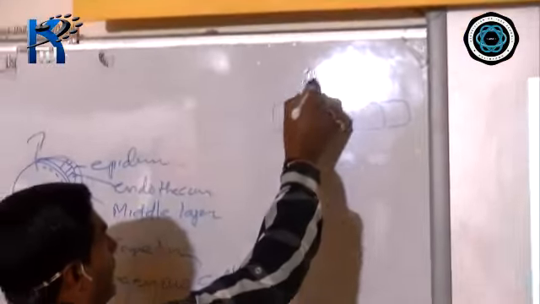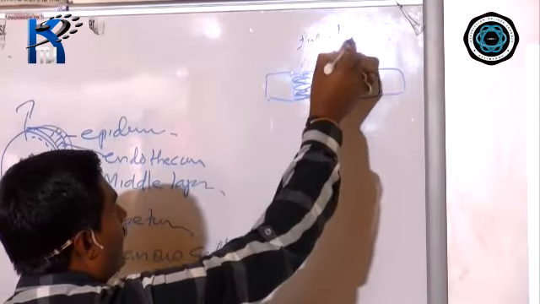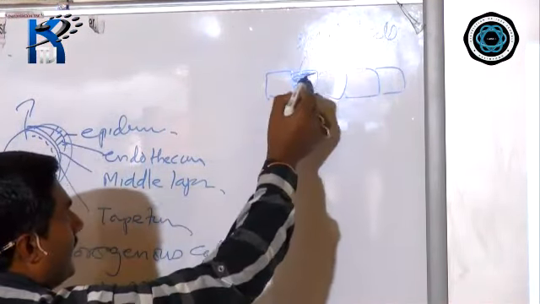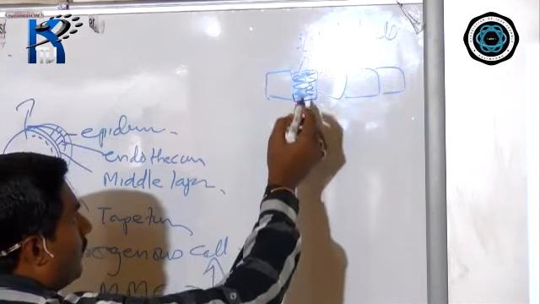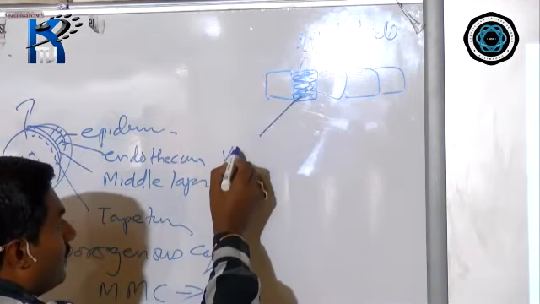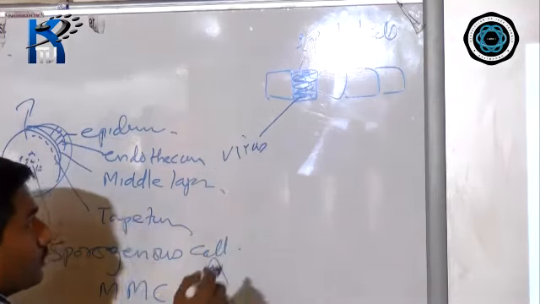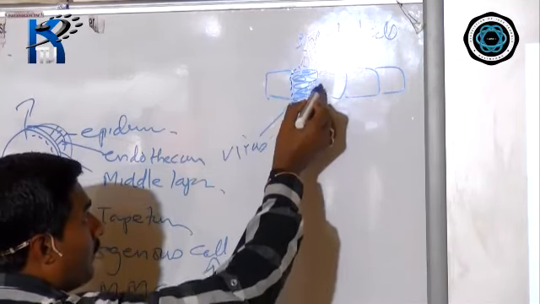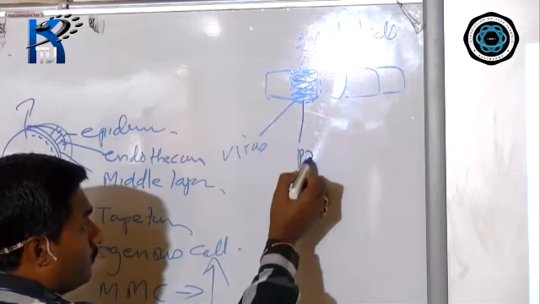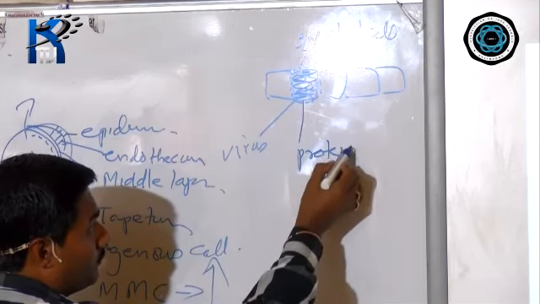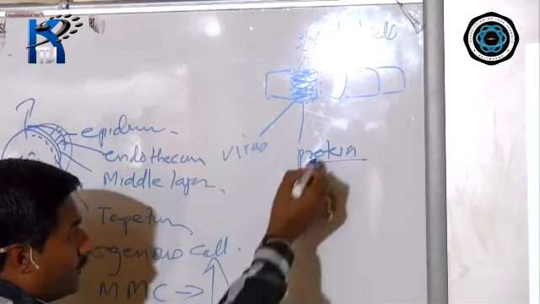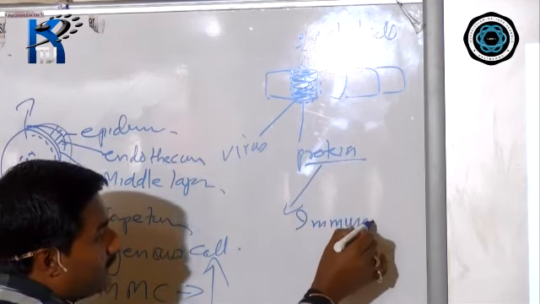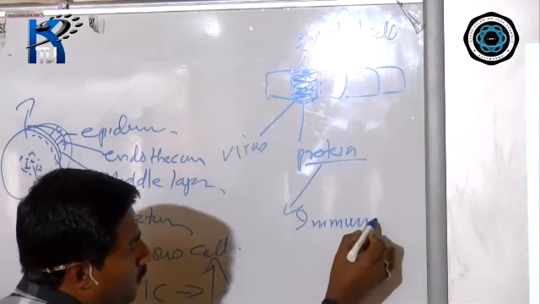This is the infected cell, and it has been infected by a virus. So what will happen? It will also try to develop a protein to defend. This defending protein, you call it immunoglobulin.